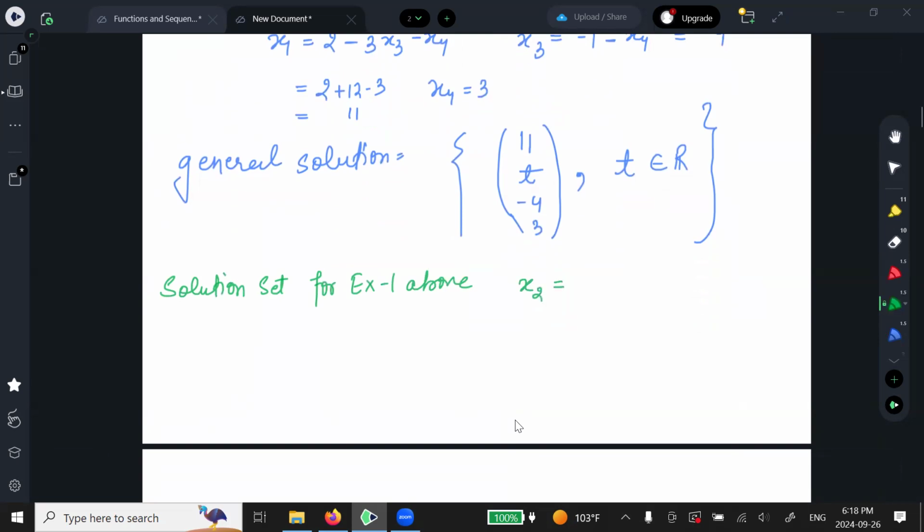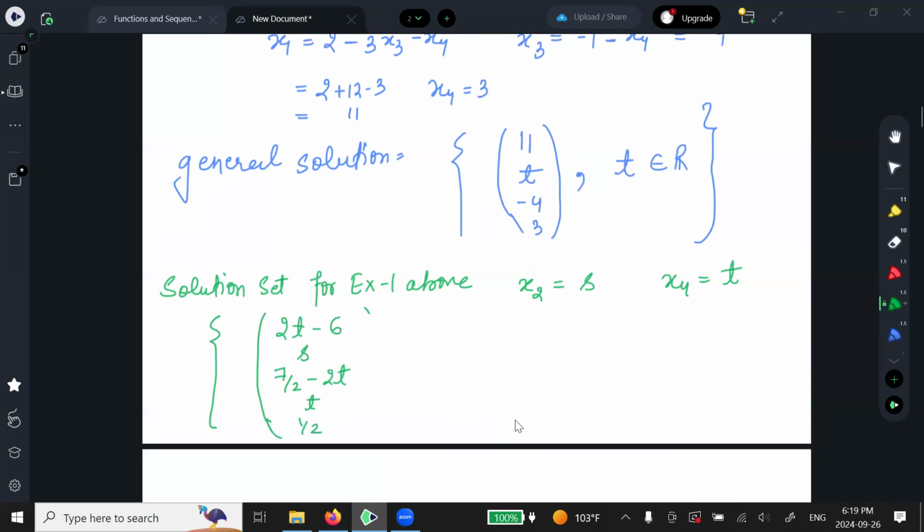Let's just call X2 to be S and X4 to be T. So when you write each other variable in terms of the free variable, you will get something like this. So your X1 will be 2T negative 6, X2 will be S, X3 will be 7 over 2 minus 2T, X4 will be T, X5 will be half.